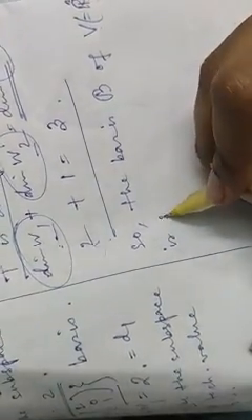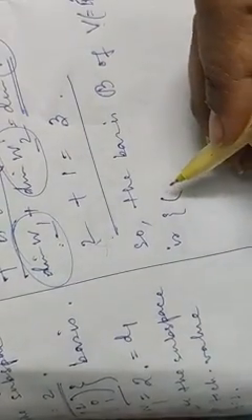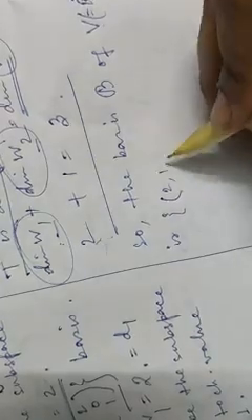So the basis script B of V, which is actually R cube, is this one: the first vector is 2, 1, 0, second vector is 2, 0, 1, and the third vector is minus 3, 1, minus 3.